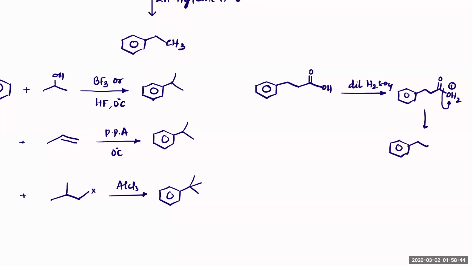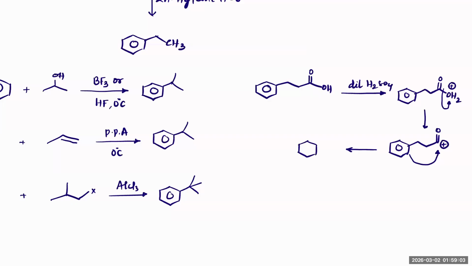So like this, we can get C double bond O plus. When a positive charge is forming within the molecule, internal attack is favorable. So from here the attack happens. You can see the ring size: 1, 2, 3, 4, 5.